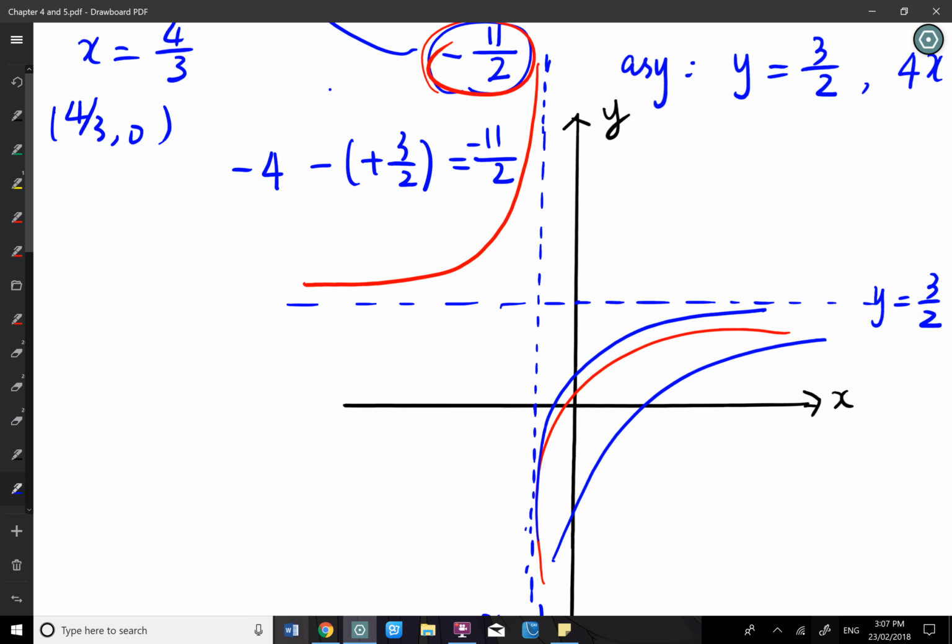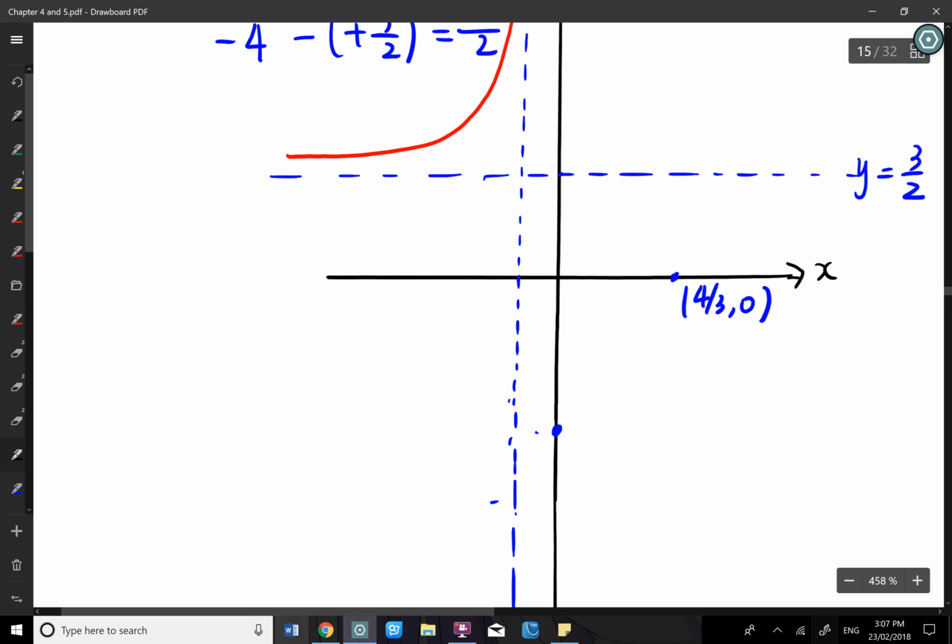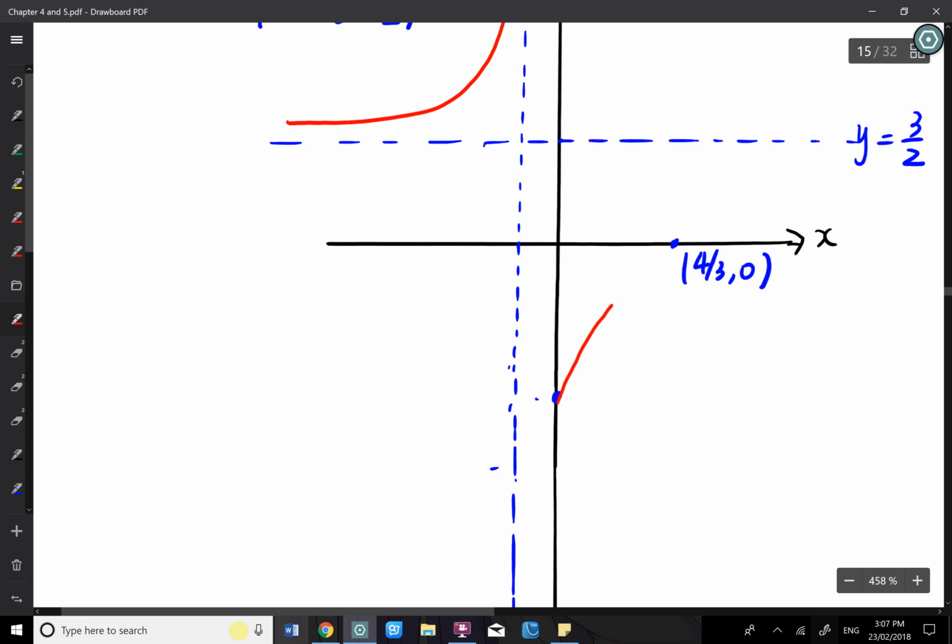And the other one is quite below here. The scale is not very good, so just make it longer. That's x equals minus 1/2. Okay, that's my graph. I should have the correct place for the intercepts now.